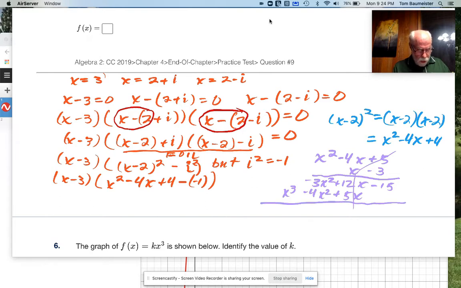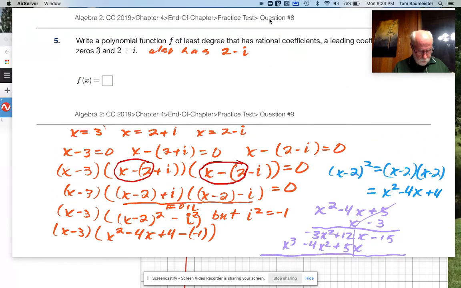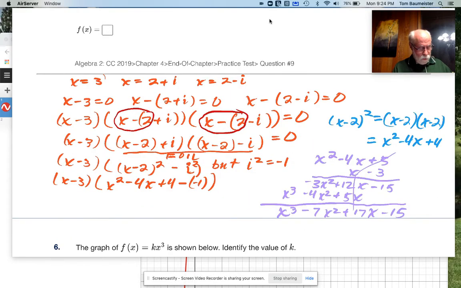If we add that up, we'll get x cubed minus 7x squared plus 17x minus 15. And that is what you are going to put up here. So x cubed minus 7x squared plus 17x minus 15.